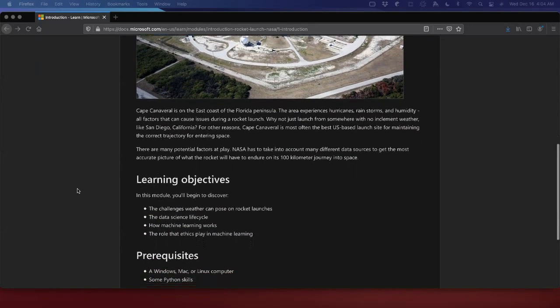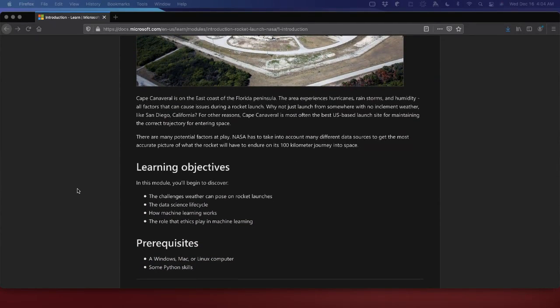So NASA has obviously chosen places like Cape Canaveral on the east coast of Florida, because even though there are a lot of uncertainties with respect to hurricanes and storms and temperature and whatnot, most of the time it's pretty nice. Most of the time the temperature doesn't change quite a lot.